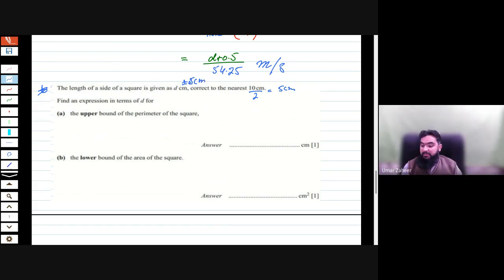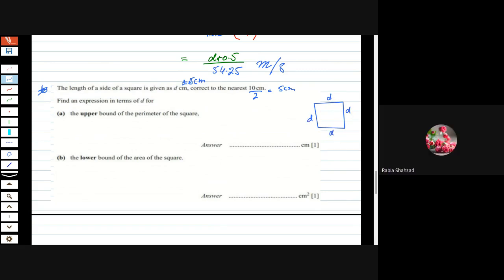We have to find the upper bound. It is a square, so it is going to look like this. It is d, d, d, d, right? Yes, sir.